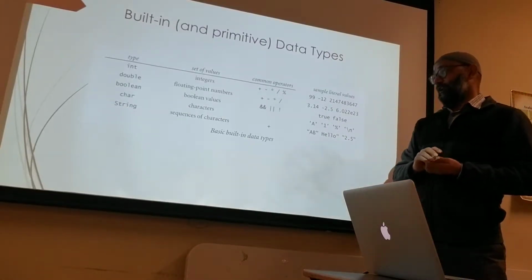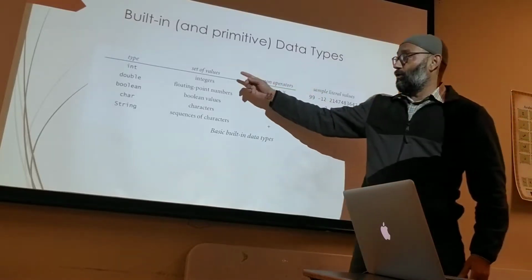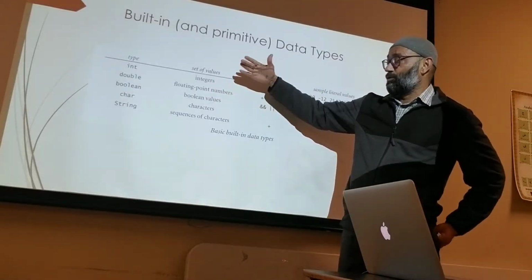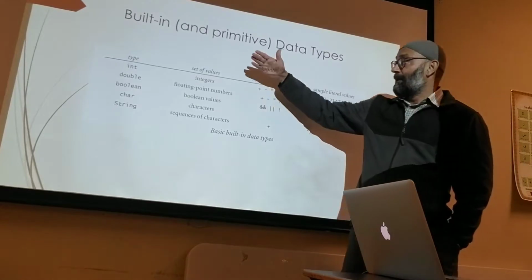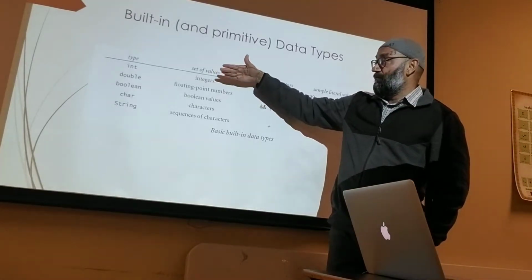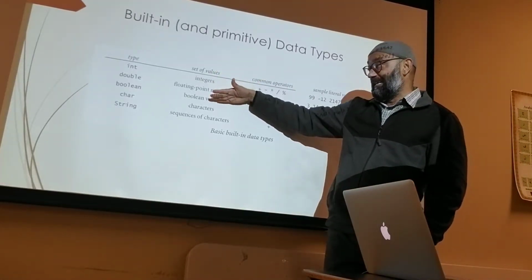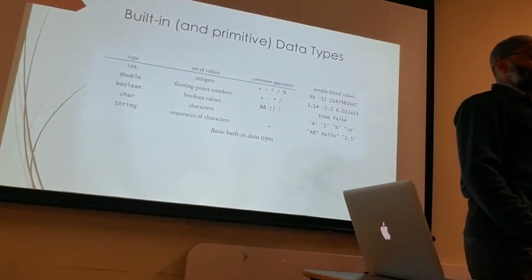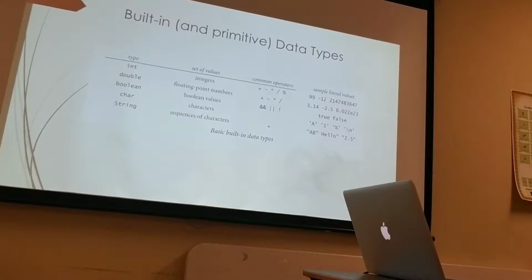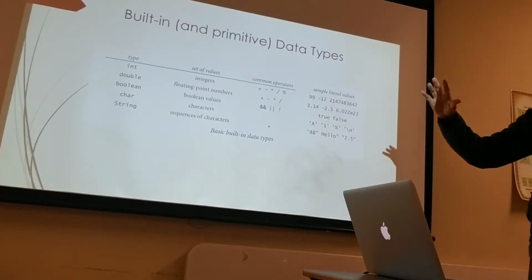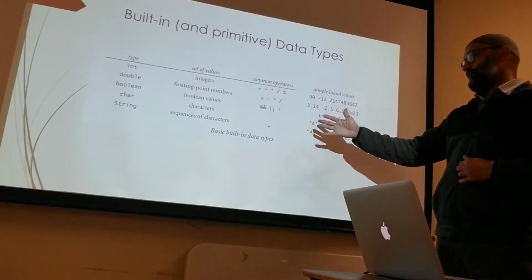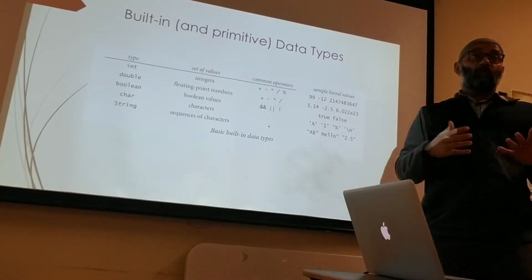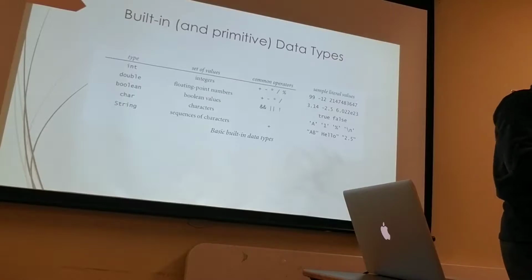First of all, just to go through it, because it's a very important thing: we have integers, floating points, Boolean, characters, and sequences of characters. We have more, but these are the basic data types that we will use the most, and they are very important.